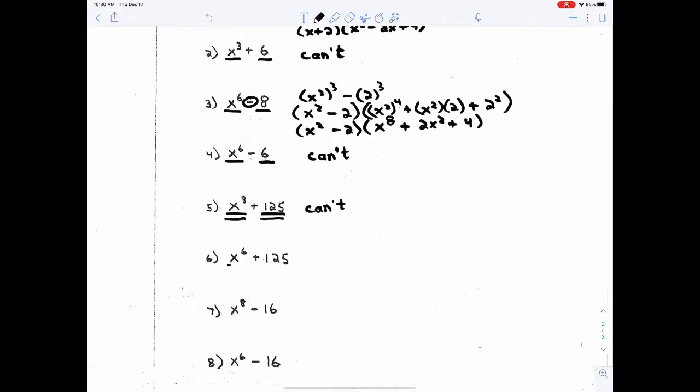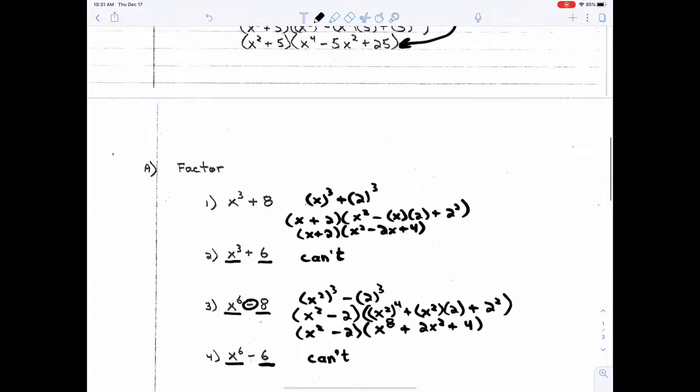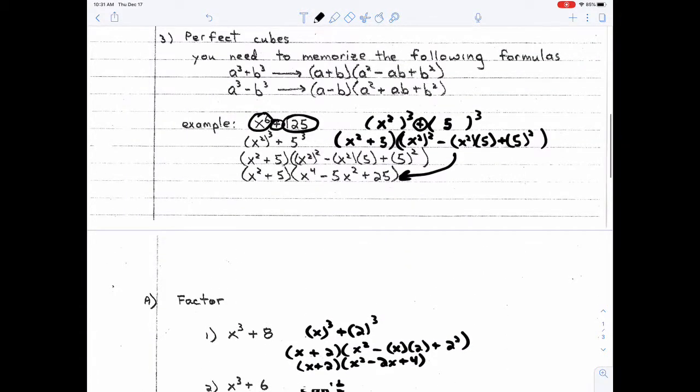This is a cube and a square. This is a cube. So the whole problem is cubes. So we've got this as x squared cubed plus 5 cubed. Okay, if I remember correctly, this is the problem we did. Yeah, it's the same problem we did up here in that example.